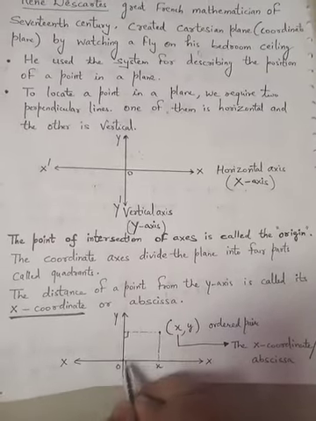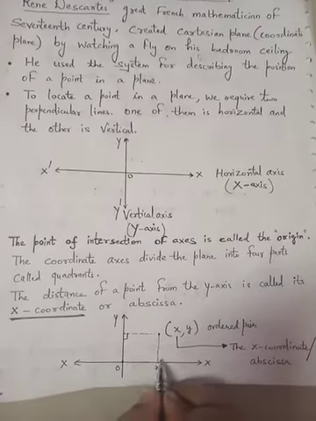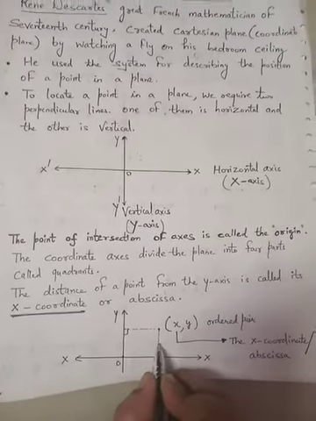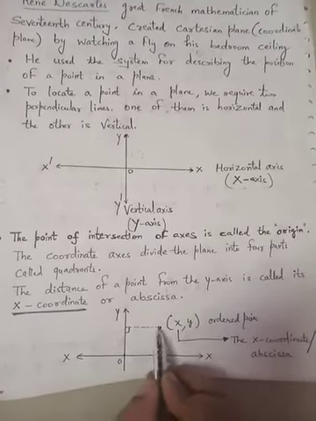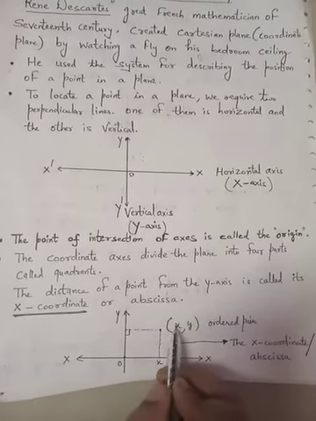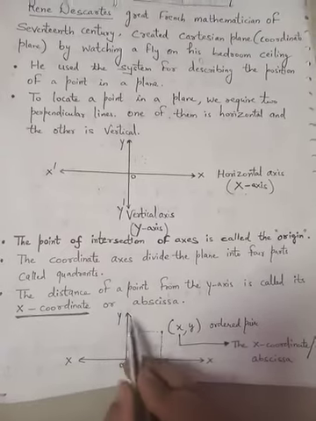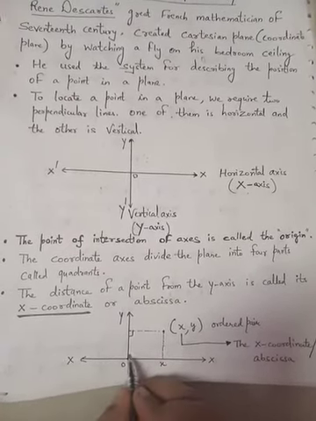Now, this is your y-axis and this distance x is from the y-axis. This distance from the y-axis we call the x-coordinate. So how far the point is from the y-axis, that is x.